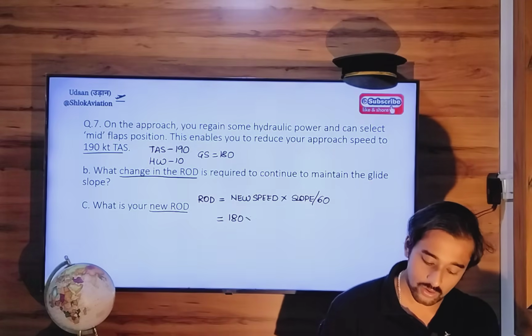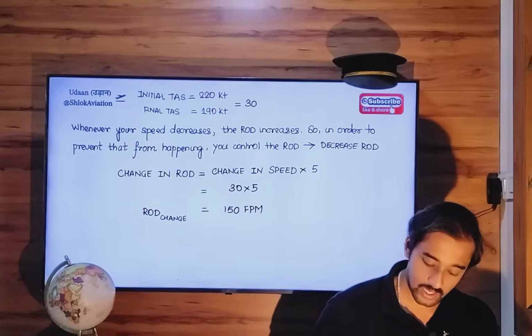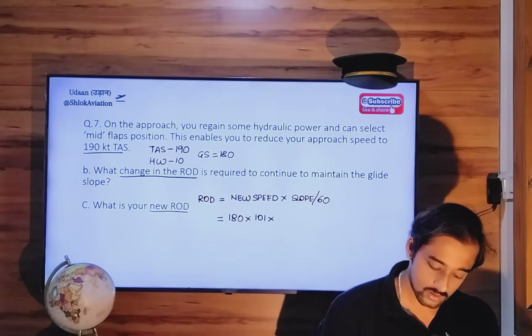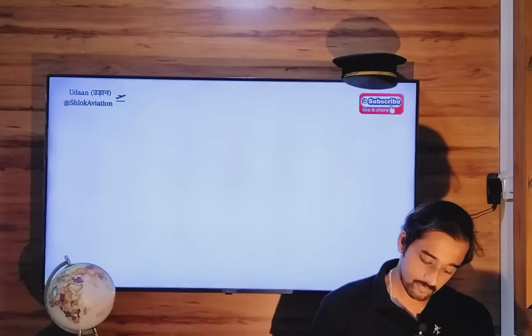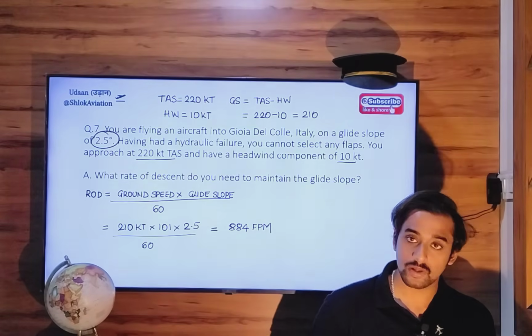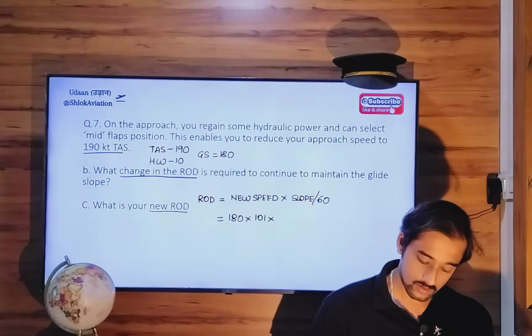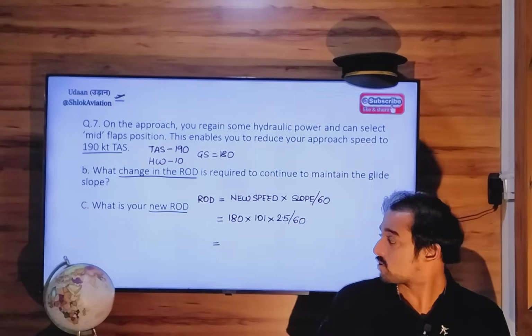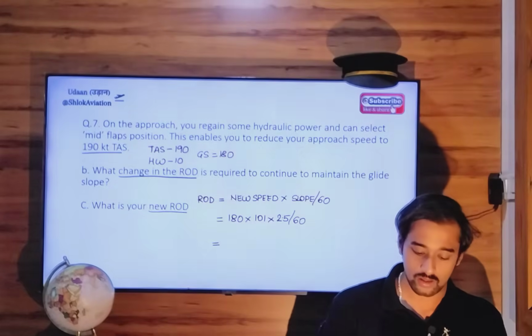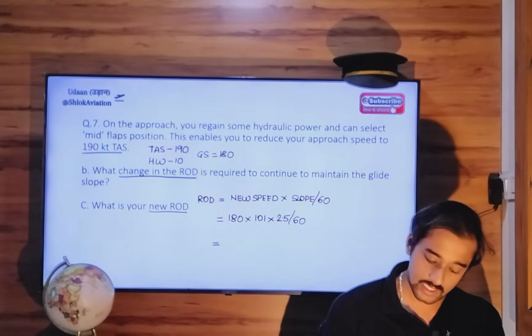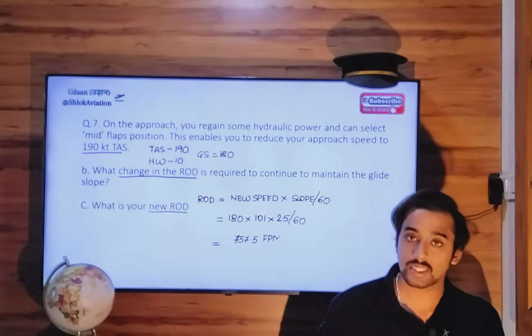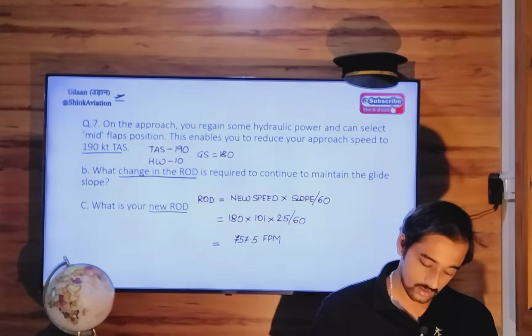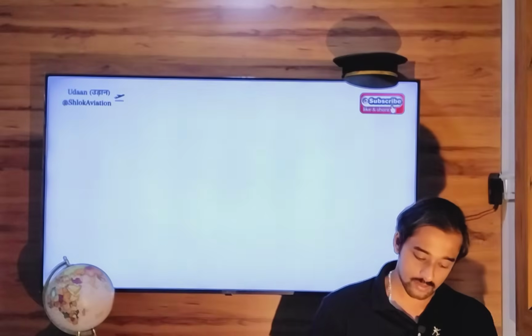So 180 into 101 into glide slope 2.5 by 60. That is 757.5 feet per minute, approximately 760 feet per minute. So this is your next answer to the next part.